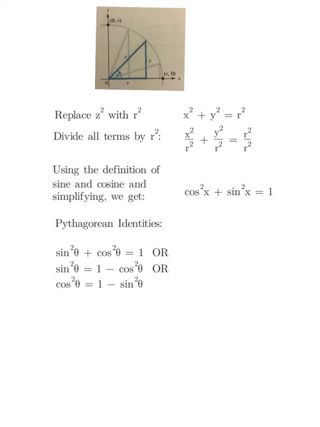Or, if we do some algebra on this and subtract cosine squared from both sides, it could also be written as sine squared theta equals 1 minus cosine squared theta, or do some algebra a different way and subtract sine squared from both sides, and you will have cosine squared theta equals 1 minus sine squared theta.